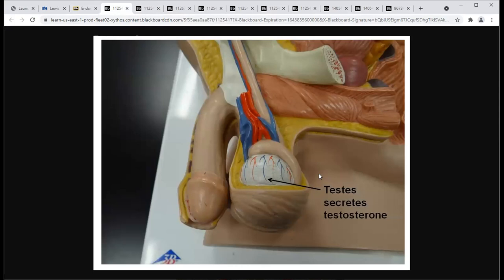So the testes secrete testosterone. Testosterone also, we can declare, has all body cells as targets. And for the very simplified function of testosterone, it stimulates development of male secondary sexual characteristics.